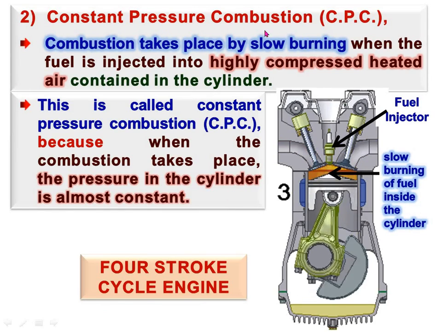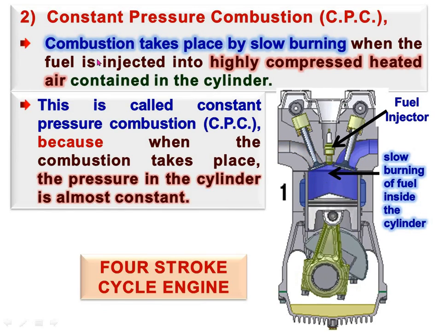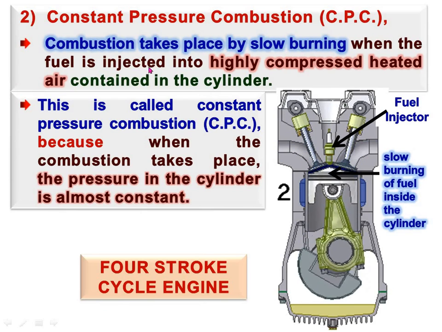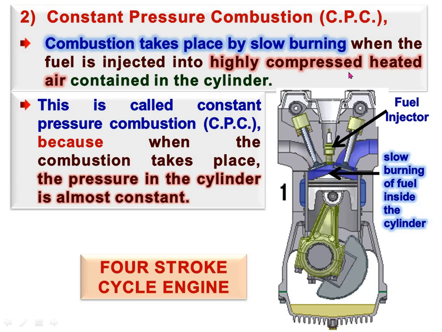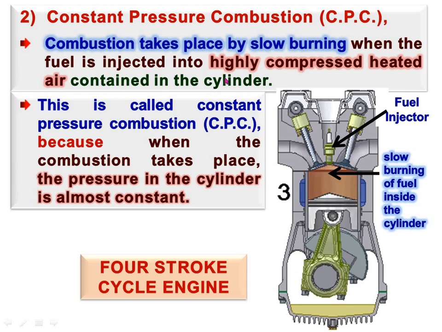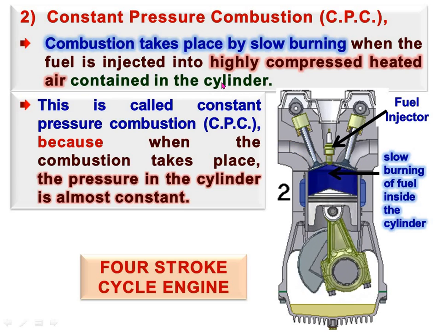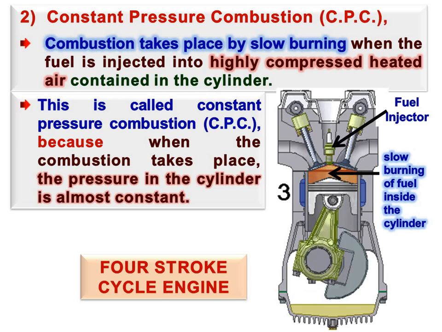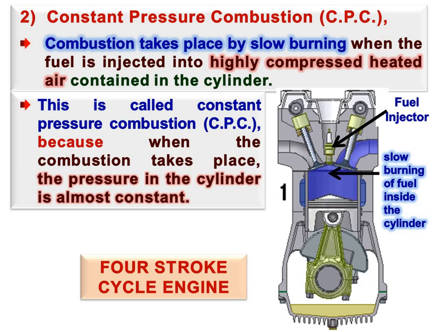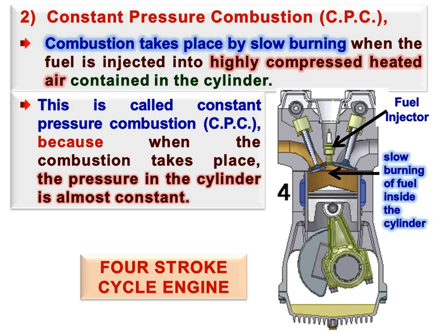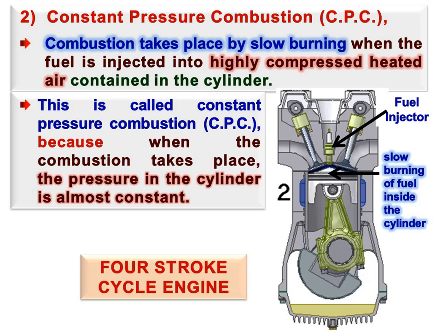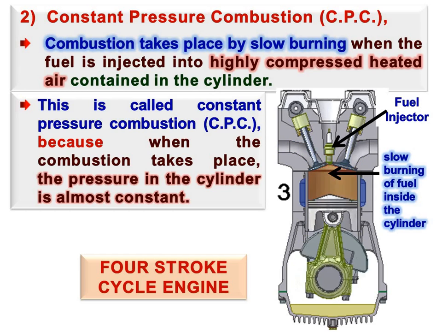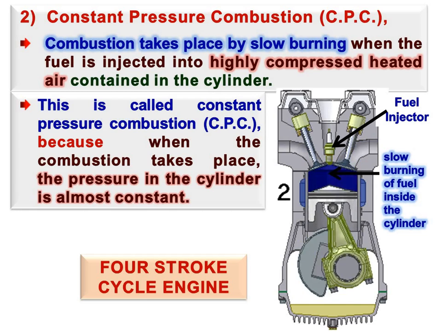Now second, constant pressure combustion, CPC. Combustion takes place by slow burning when the fuel is injected into highly compressed heated air contained in the cylinder. Means in the four-stroke engine, during the compression stroke, air is compressed within the clearance volume of the cylinder, and when the piston is at top dead center, at the same time fuel is injected inside the cylinder.